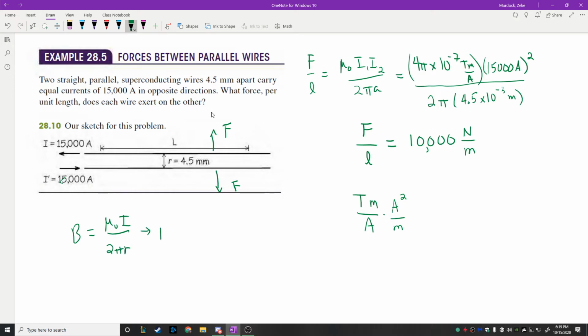If we rearrange it, mu naught would be equal to B times R divided by I, and there's a 2 pi. So it's Tesla meter over amp, right? R goes here, I goes there. So amp squared, amp. It looks like one of these cancels, so we end up getting Teslas times amps.